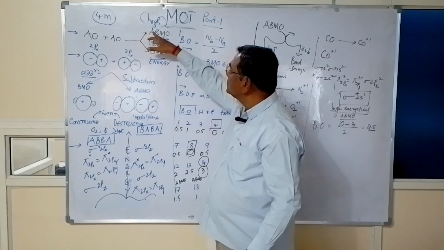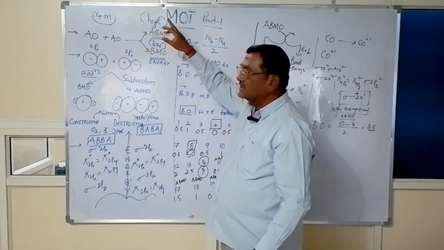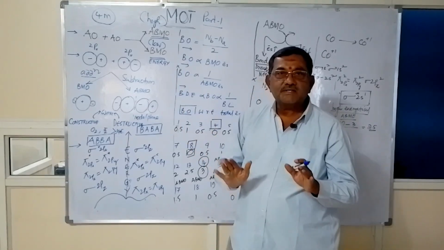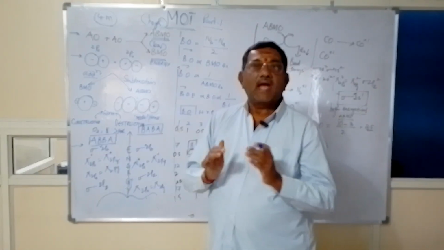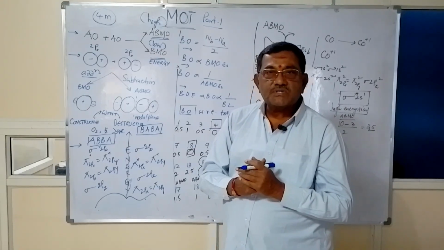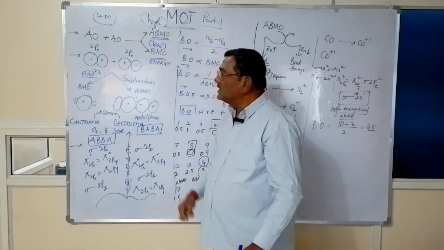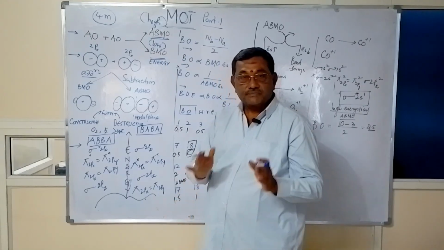That gives rise to 2 types of orbitals: high energy and low energy. The high energy one is going to be the antibonding molecular orbital. The low energy one is the bonding molecular orbital.